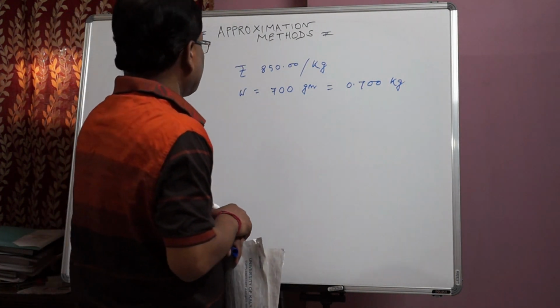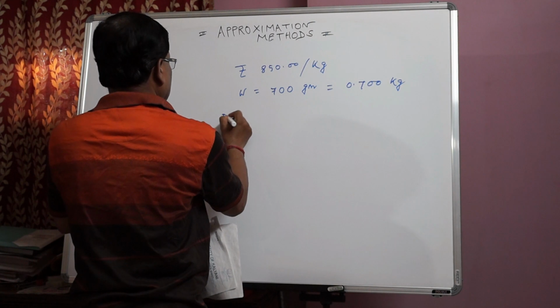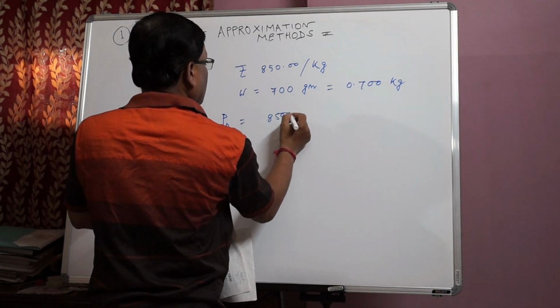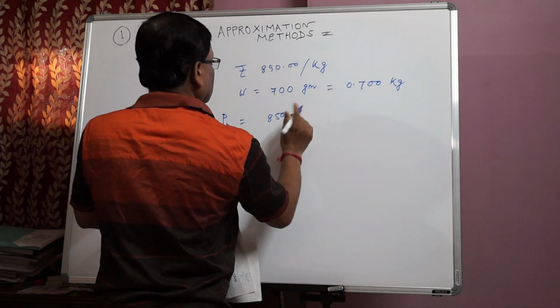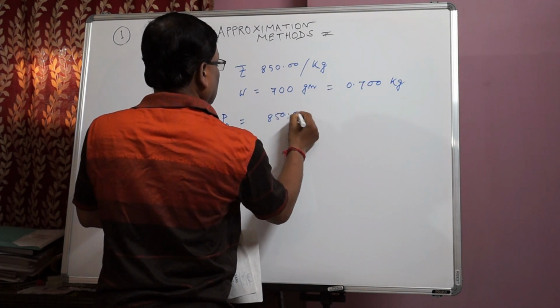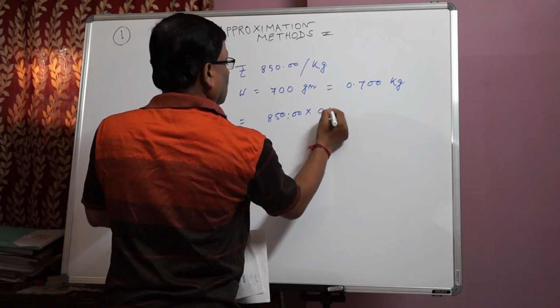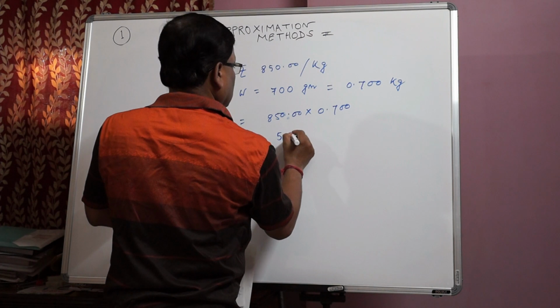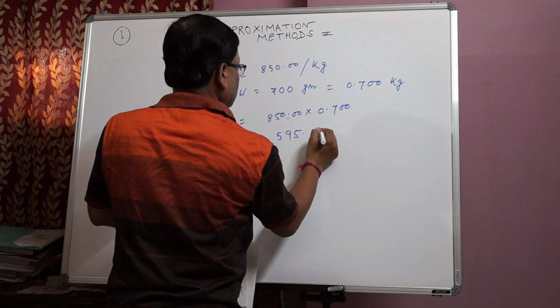So what is its price? Its price P0 is 850 into 0.700, so it becomes 595 rupees.